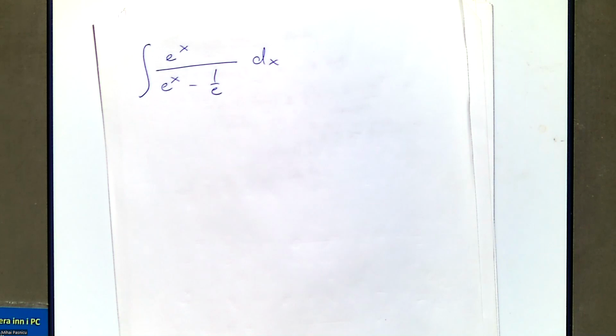So first of all, you should do a lot of integrals, or you should do a lot of derivatives. Both of them work, because realistically, just looking at this, yes. Could you just do substitution if u equals e^x minus 1 over e?